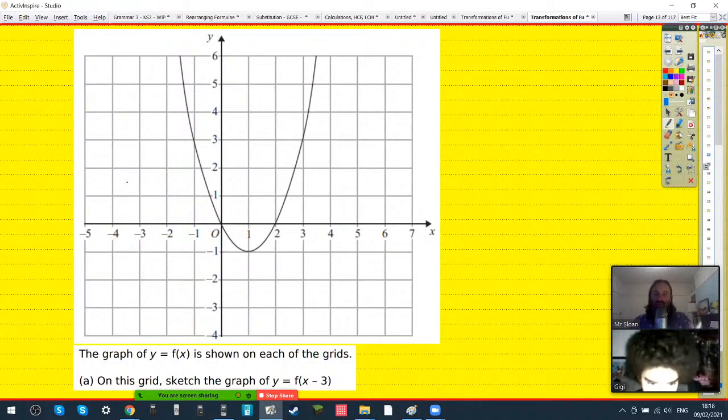How about this one? You'll move it right by 3. Yep. And so main points. It's the one on (1, -1), which will move to (4, -1). Yeah. The one on the origin, which will move to 3.